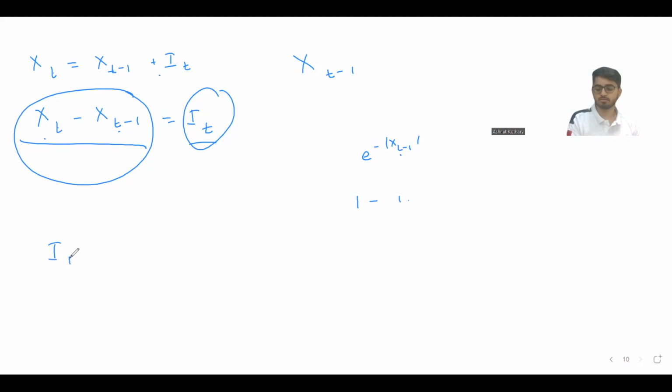If you see the distribution of It, +1 or -1, probability is e to the power minus |Xt-1|, and 1 minus e to the power minus |Xt-1|. So clearly my increment is depending on Xt-1. If you see the definition of independent increments, It should have been independent of all past values including Xt-1 itself, but that is not the case over here. Therefore the process does not possess independent increments.